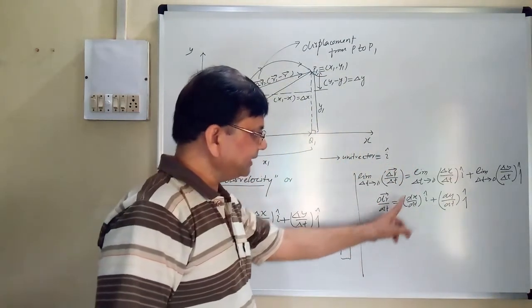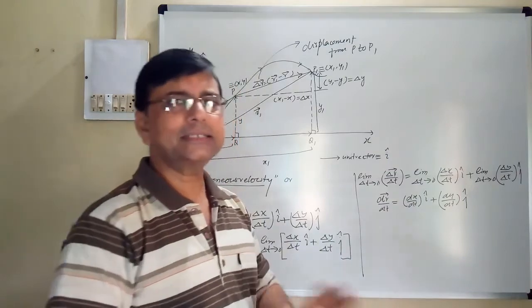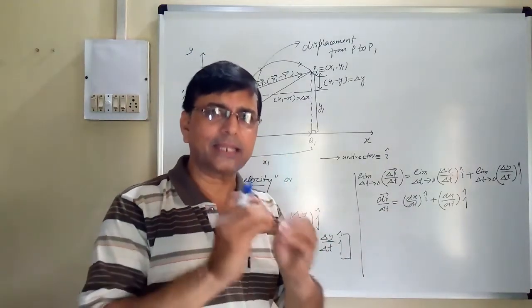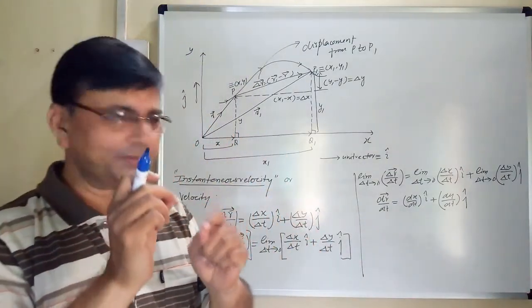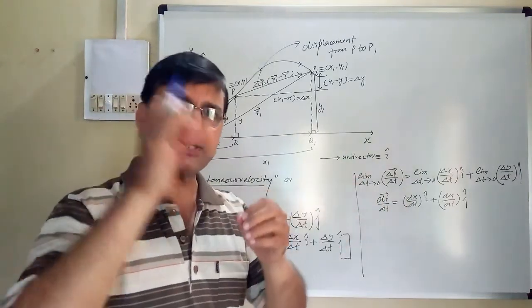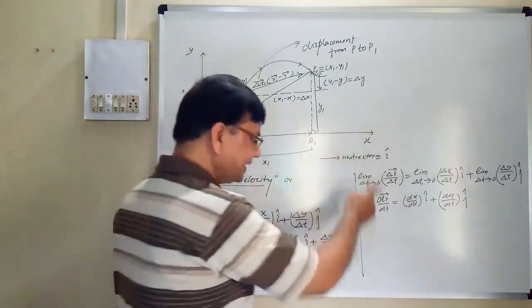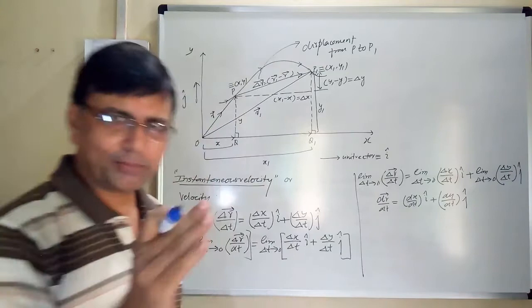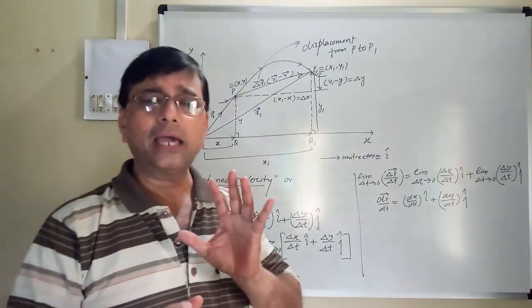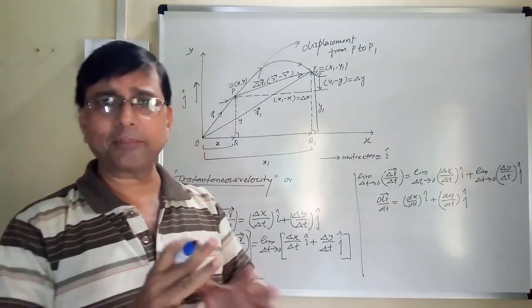This dr by dt, dx by dt, dy by dt are instantaneous quantities, they denote values at a particular instant. And this dr by dt, in the previous case, if you remember, was average velocity, delta r upon delta t.